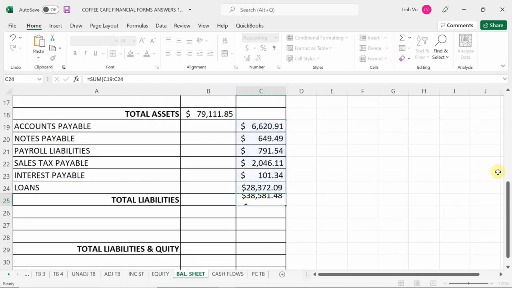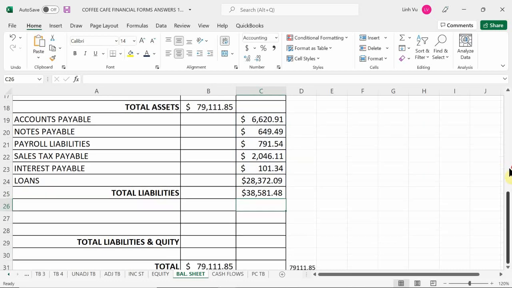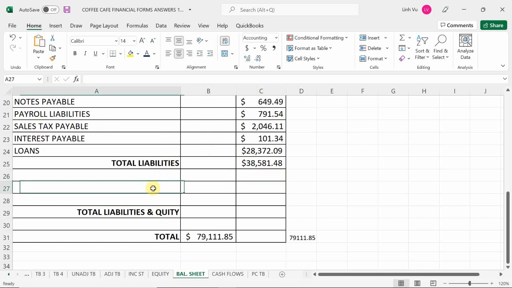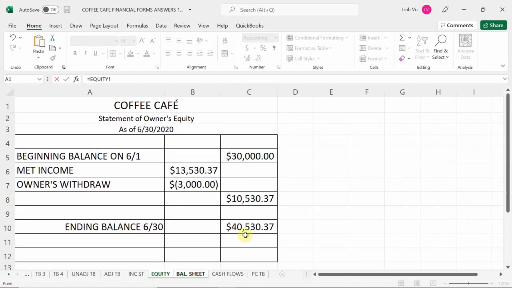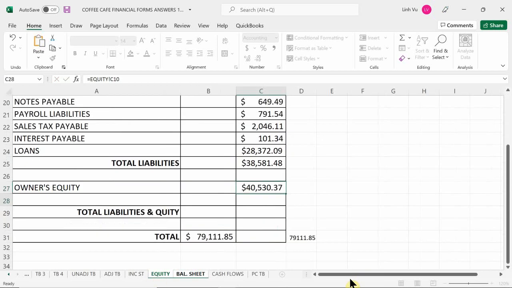Okay. And I get a total of $38,581.48. Okay. Right here, I'm going to go ahead and put owner's equity, which we're going to copy from our statement of owner's equity here, because that's our new equity.